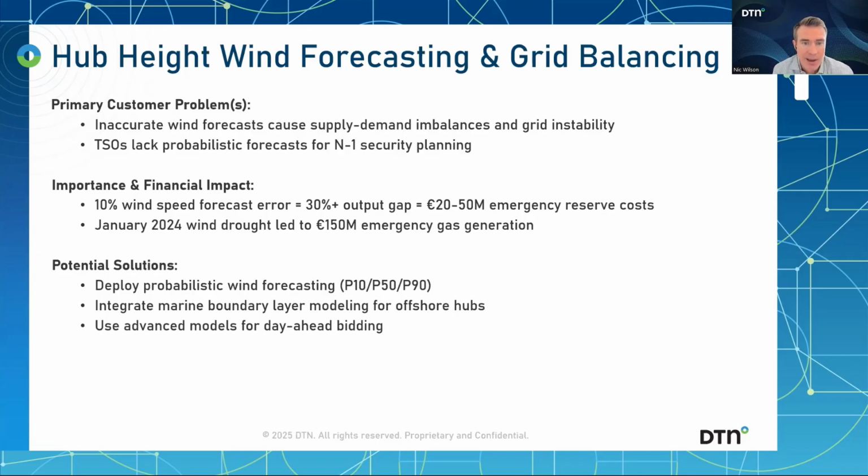Your TSOs aren't just managing local grids. They're coordinating across ENTSO-E, managing cross-border flows and trading in day-ahead markets where forecast accuracy is going to determine your profitability. Standard meteorological models can't deliver this.